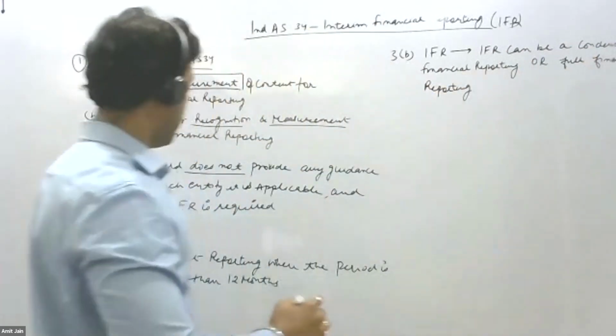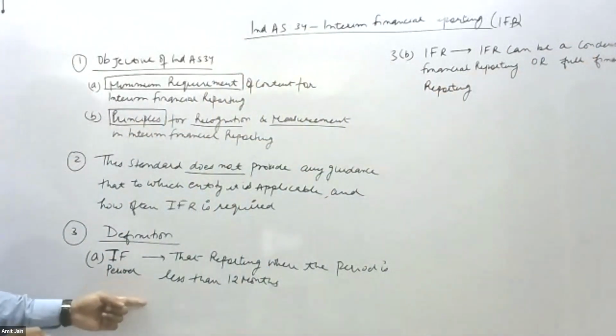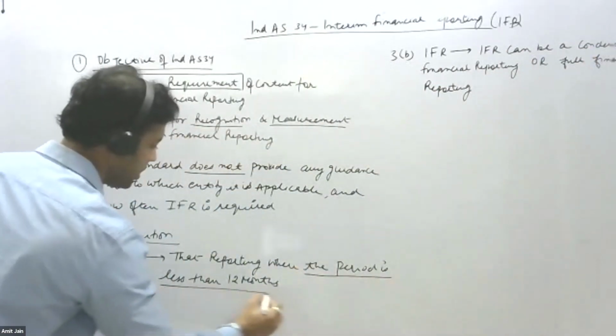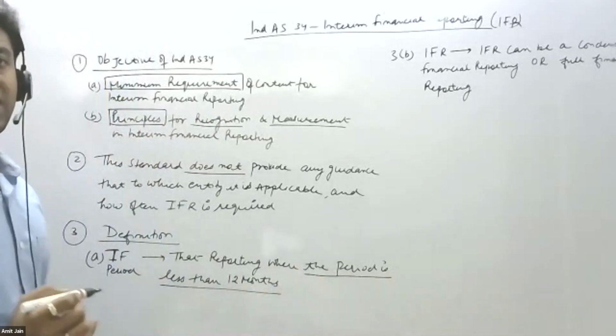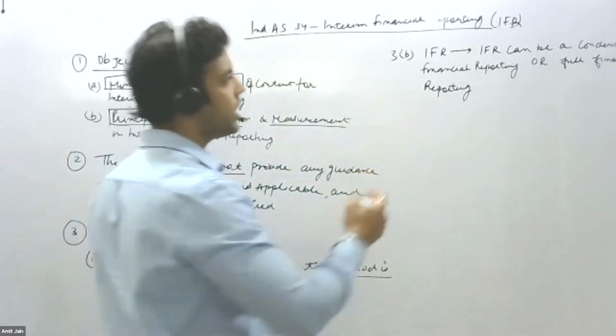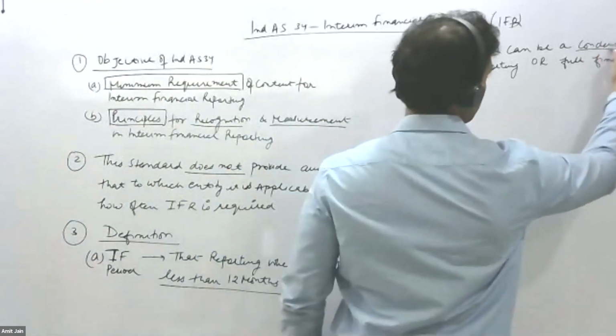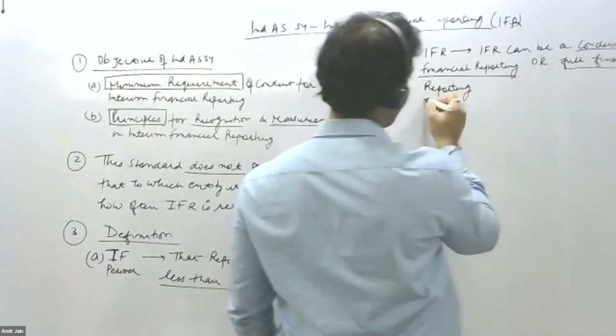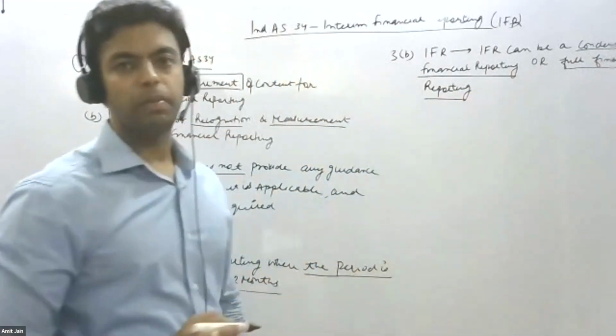So the interim financial period is that period which is less than 12 months. That means it is not for the annual period, it is less than 12 months. But what is interim financial reporting? It is a condensed set of the financial reporting, or the full-fledged financial reporting. Both are acceptable.